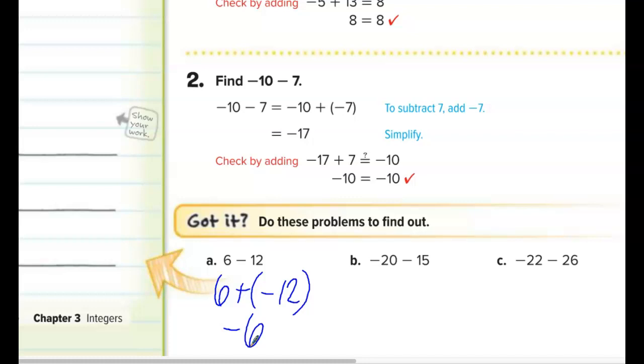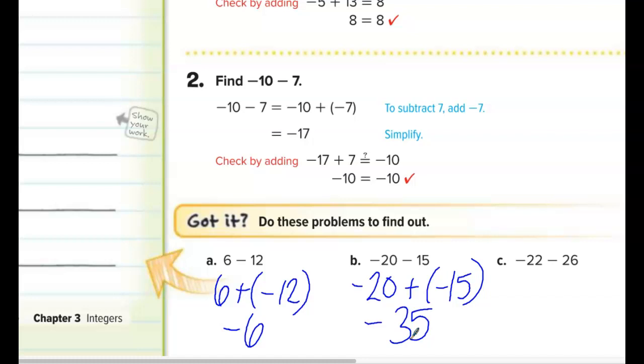Okay, so B, Blaze, how do I rewrite it? Negative 20 plus negative 15. Good. So if I have 20 negatives and I add 15 more negatives, Taylin, how many total negatives do I have? 35. So my answer is negative 35. Give me a thumbs up.